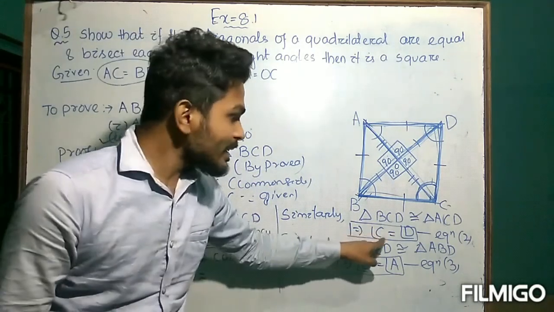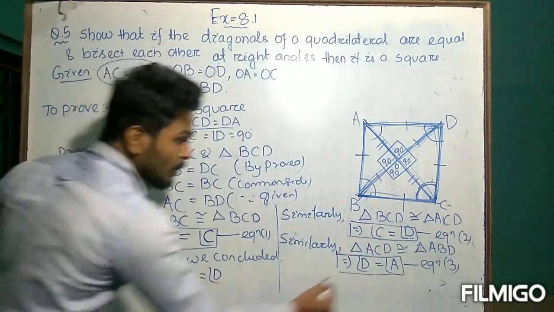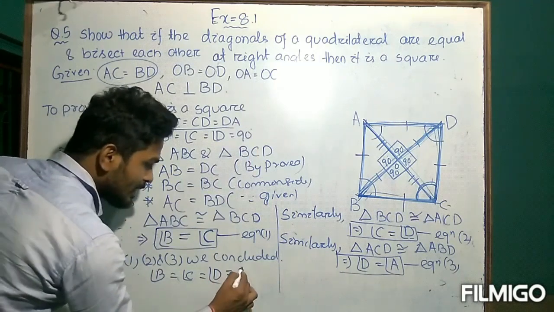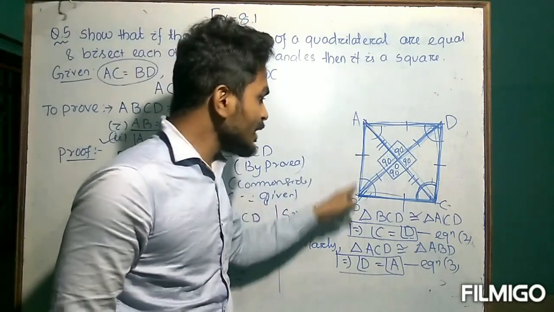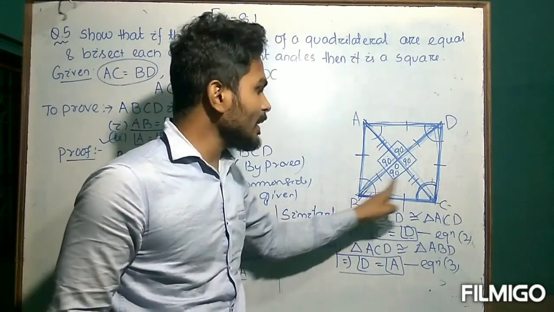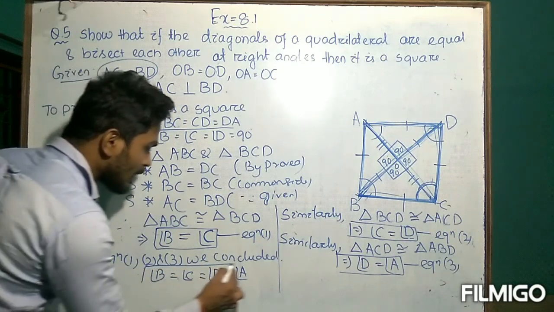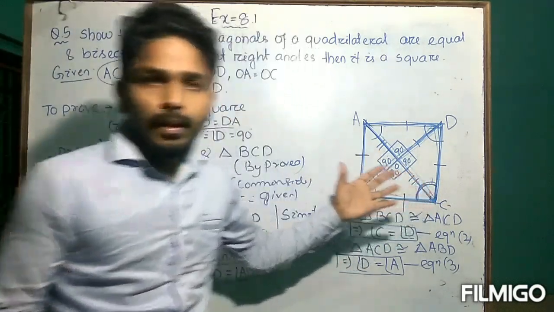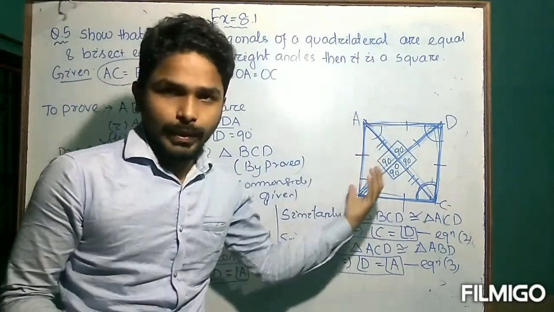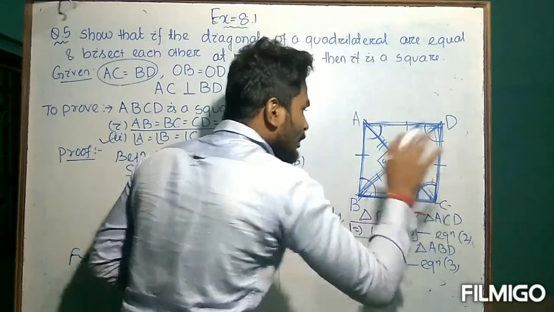Here we get C is equal to D, and here we get D is equal to A. So finally, we concluded that angle A is equal to angle B is equal to angle C is equal to angle D. So all four angles are of equal measure, by making the triangles congruent. We found that in this quadrilateral all the angles are of equal measure.